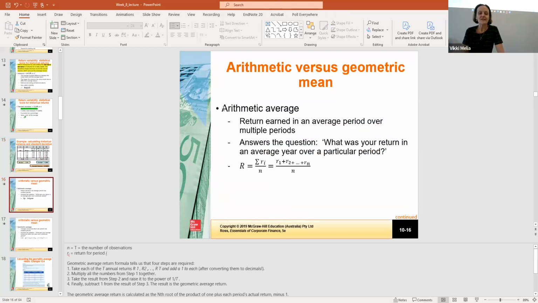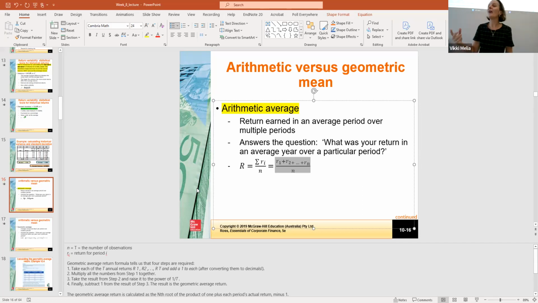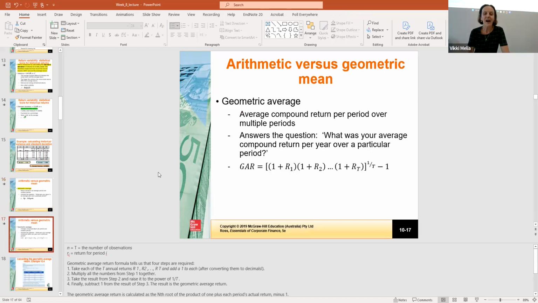So that's what we've just looked at. The average return we did was an arithmetic average. Add up all the returns and divide by the number of observations. But in finance, we have another average return, and the other average return is called the geometric average.